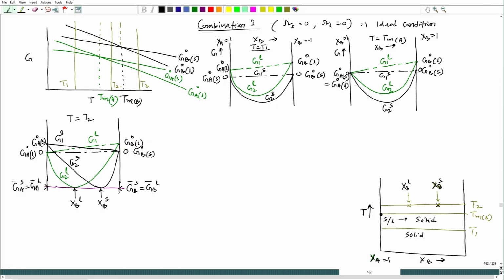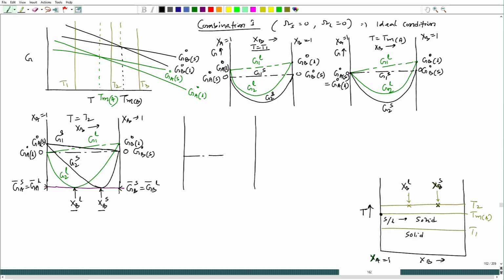If you take a temperature below T2, but still in between the two melting points, these equilibrium points will shift towards the left, and if you take a temperature beyond T2, still in between T M A and T M B, those two equilibrium points as per the common tangent will shift towards the right. Okay. Please consider that X B is varying this way, and all the compositions are placed with reference to B.